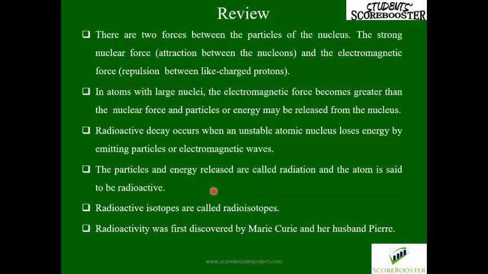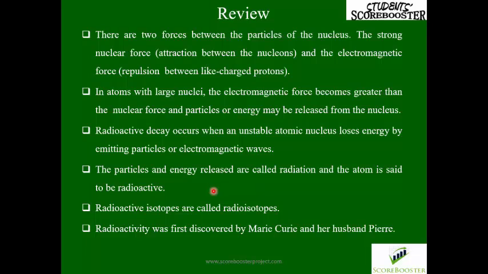Then there is going to be energy released. Radioactive decay occurs when an unstable atomic nucleus loses energy by emitting particles or electromagnetic waves, as the case may be. The particles and energy released are called radiation. Such atoms are called radioactive substances. Radioactive isotopes are called radioisotopes.